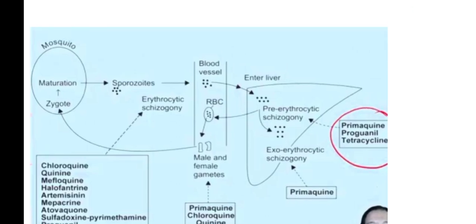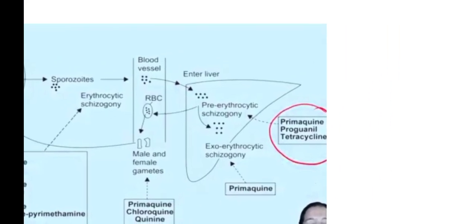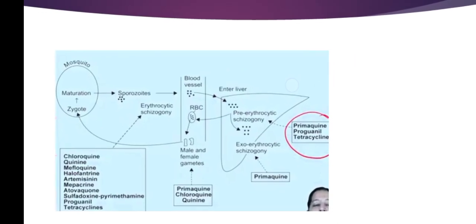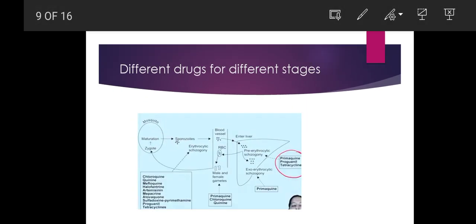So remember, in that phase we saw the bite of the mosquito, which the spores will move to the liver, and in the liver we'll have the pre-erythrocytic phase. So we have the bite of the mosquito. The mosquito will bite the man, and the sporozoite will move directly to the liver.